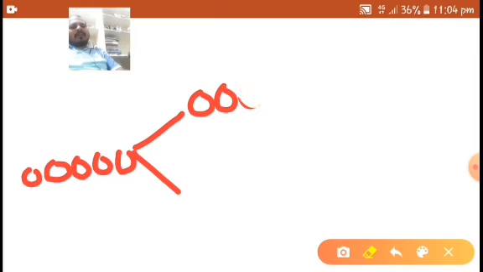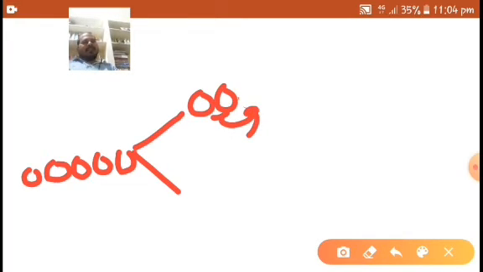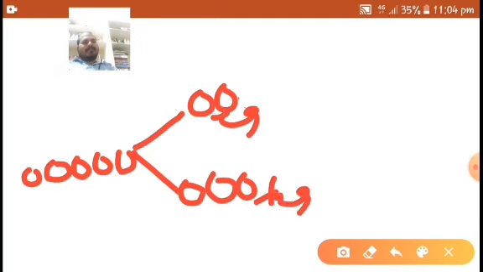Why is it so? Because the ligands approach the metal ion in octahedral complexes along the axis. So Eg orbitals lie along the axis, and T2g orbitals lie between the axis, so their energy will be lowered.